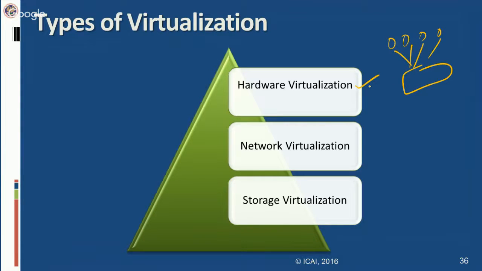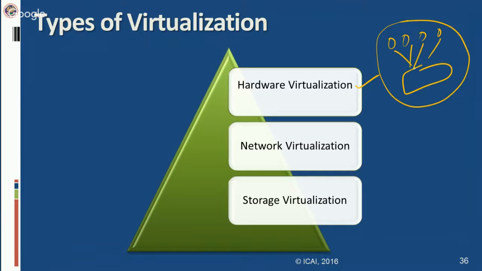So hardware virtualization encompasses many physical servers that are independent of each other, and they can be logically combined so that one logical server is achieved and it can be used more effectively and optimally.